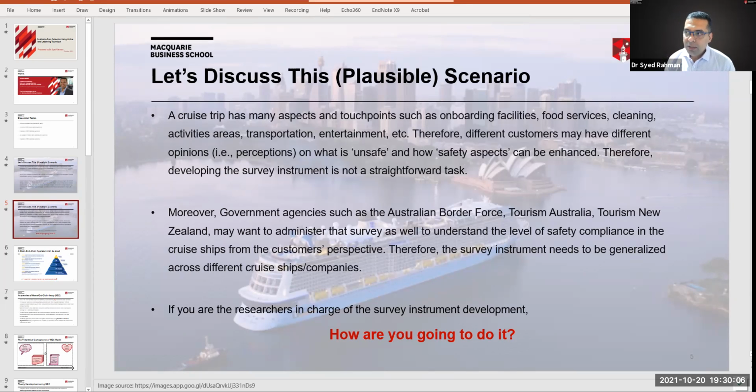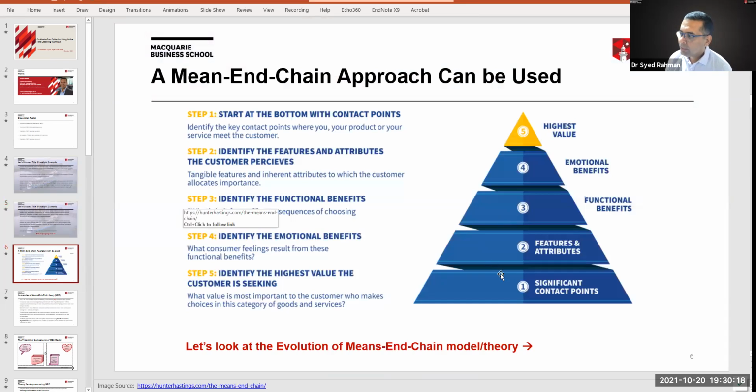So first of all, I'm going to discuss what means-end chain theory is, what this theory talks about, then how this theory helps us with the research process or this methodology. So the means-end chain theory says that we have means to reach our end or end state in our psychology.